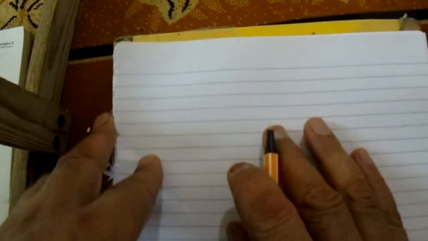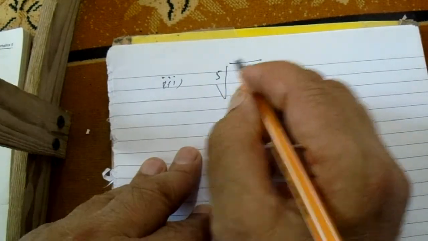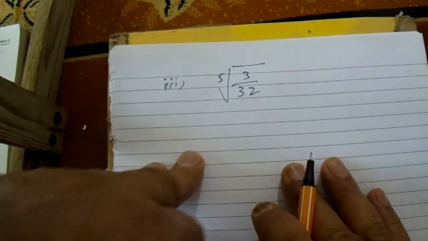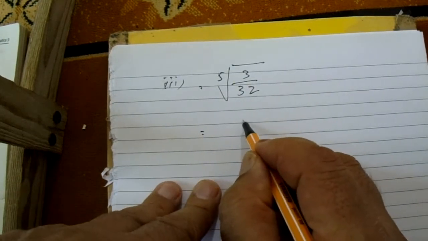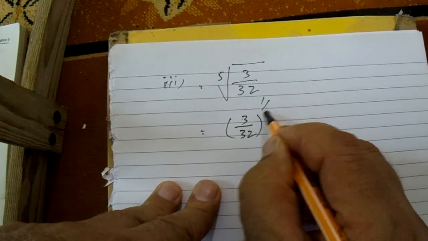Now the next question, the third part, is the fifth root of 3 over 32. Now this is equal to 3 over 32 to the power 1 by 5.